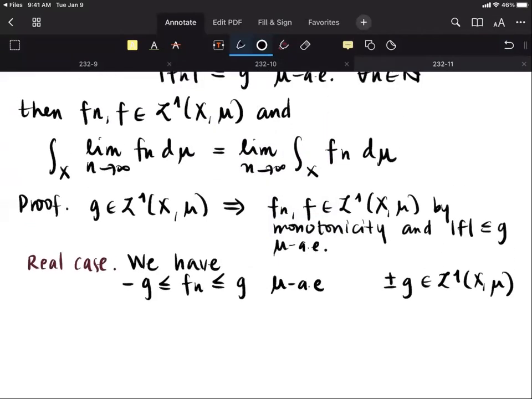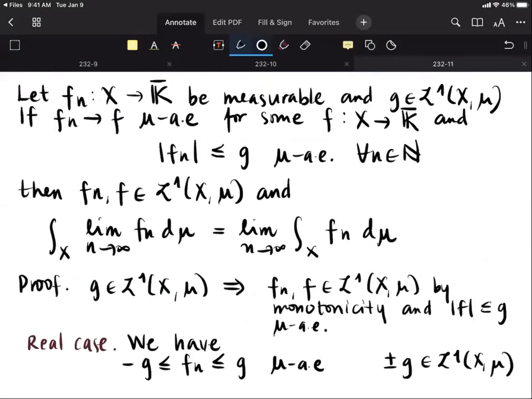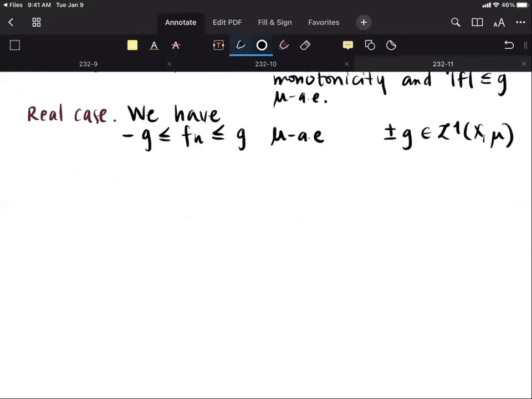Negative g is integrable, since we know that the space of Lebesgue integrable functions forms a vector space. So let's start with the left-hand side. That's the integral of the limit d mu.